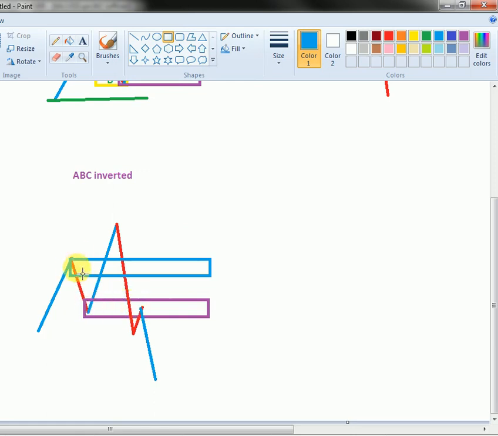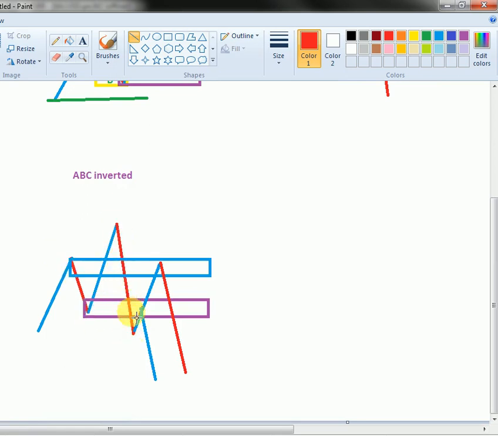Sometimes after price breaks and closes above this B, price pulls back until here, and then goes down. This is the same setup that anybody who knows head and shoulders would recognize. But for me, Renko FX, we call this setup ABC inverted. Just look for the ABC pattern, A, B, and C, and then going down.